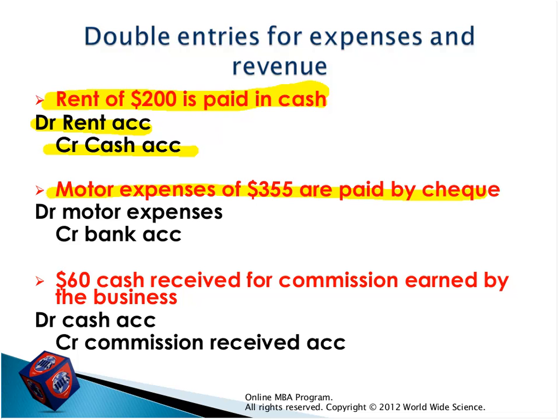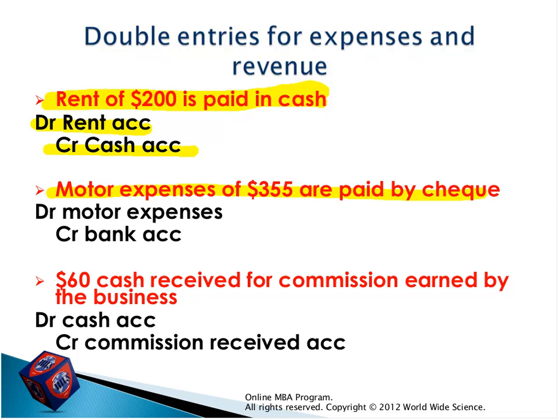That means the company paid $355 by check for motor expenses. Like maybe the company has vehicles, some cars, and the cars must be repaired, like changing some things inside the car. I'm not good at those things, maybe changing the motors inside the car or something else. And the company pays for the repair by check, not cash.